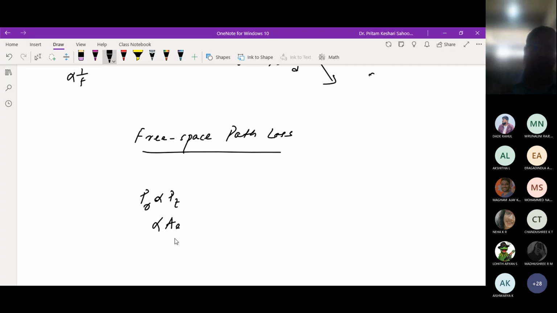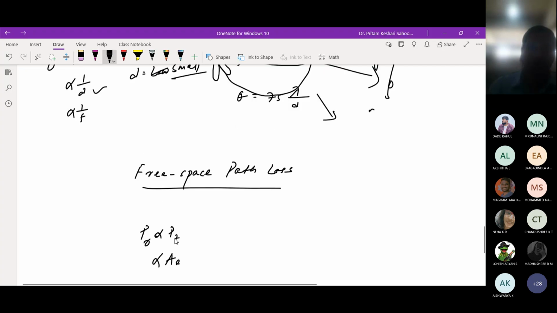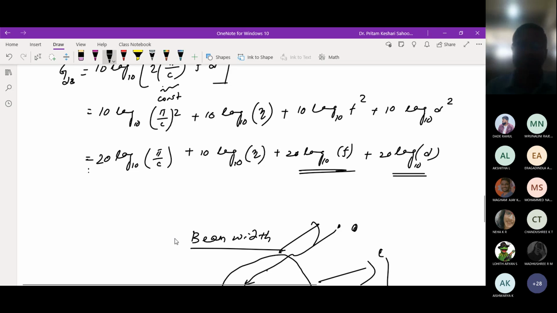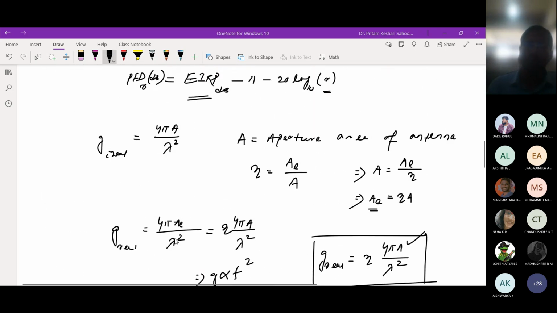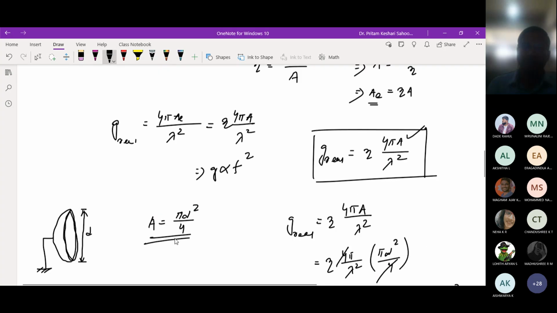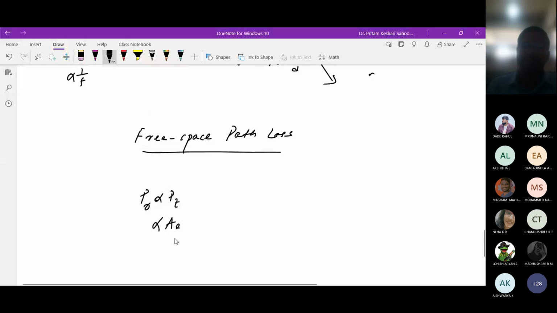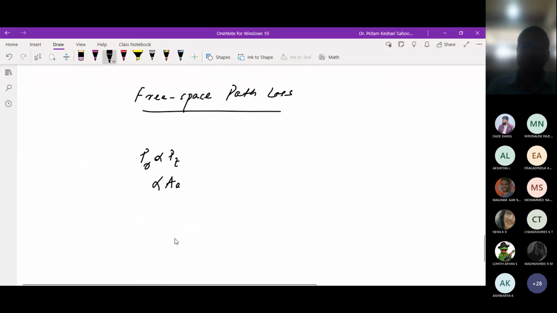That means if your antenna has a large effective area, then it will collect more power.